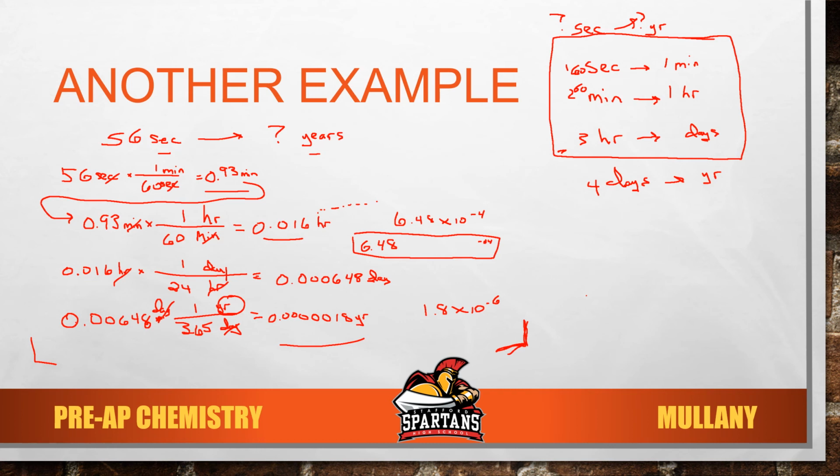What's significant? So the quick and easy answer to this is these conversion factors, where we say that 1 week equals 7 days. Every one of these fractions that you're going to create is viewed as exact, meaning it will never impact your significant digits.